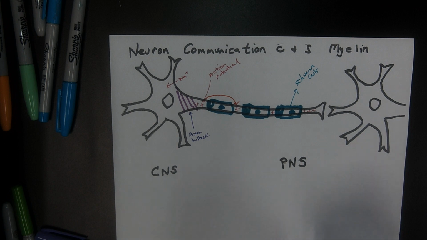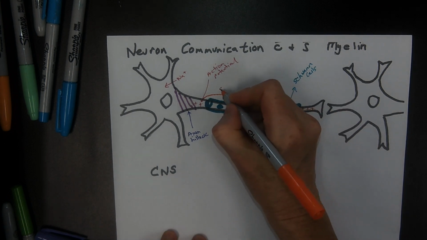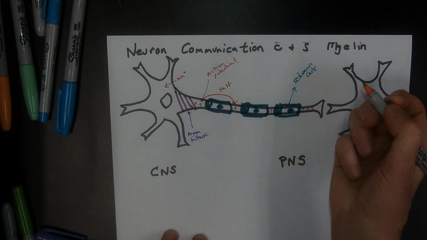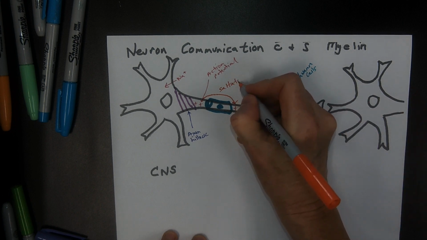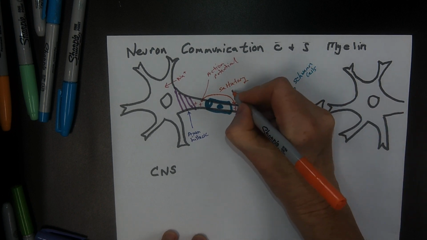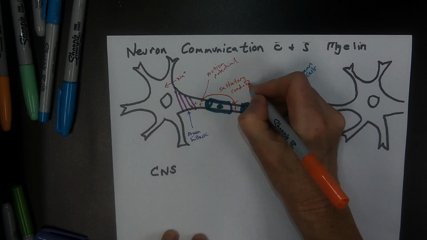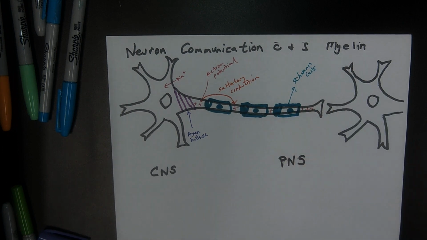It's called saltatory conduction. S-A-L-T-A-T-O-R-Y, conduction. And saltatory conduction means nothing more than the action potential is able to skip over the myelinated areas of the axon.